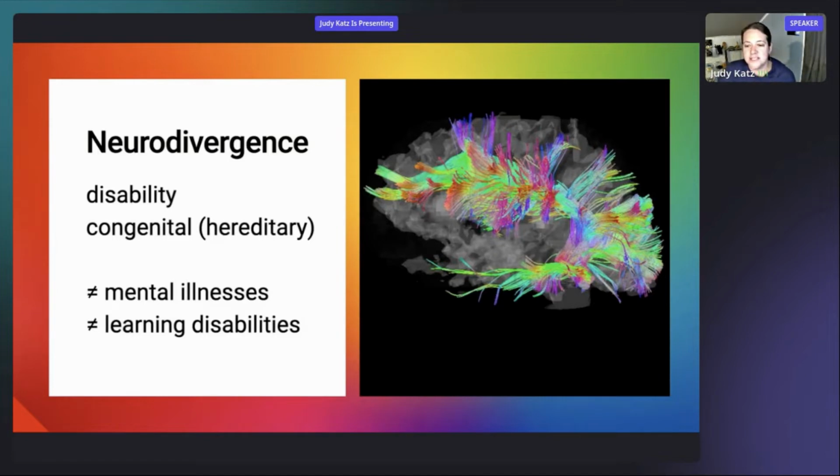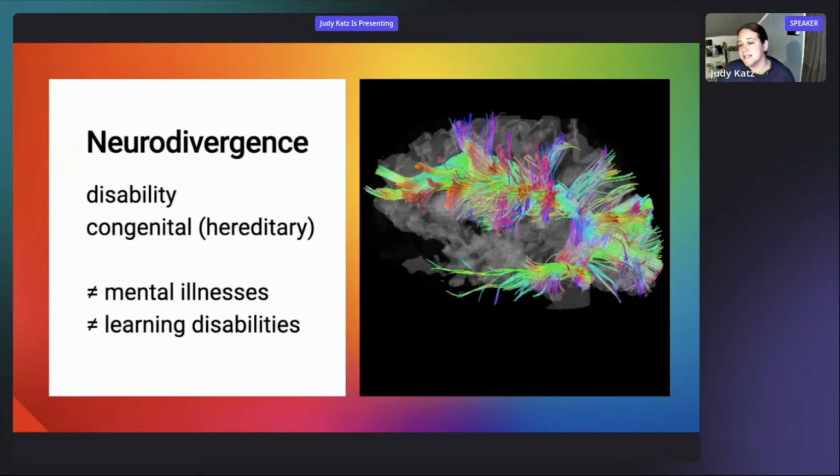First of all, different divergent neurotypes are considered disabilities. They are by definition congenital or hereditary. They are not necessarily the same as mental illnesses or learning disabilities, although some neurotypes are also learning disabilities. Mental illnesses are separate. For example, anxiety, depression, and eating disorders are mental illnesses, and they are separate from neurodivergence.